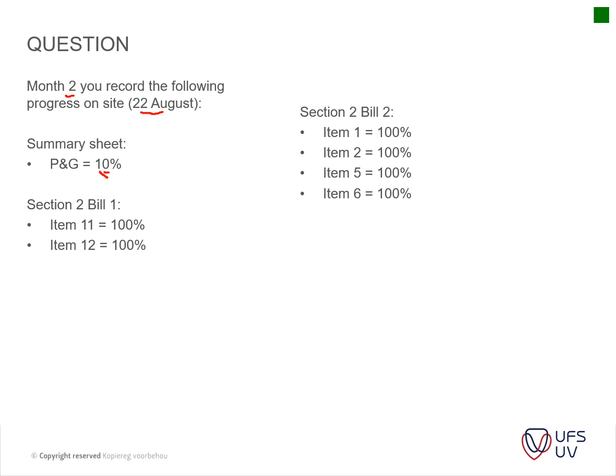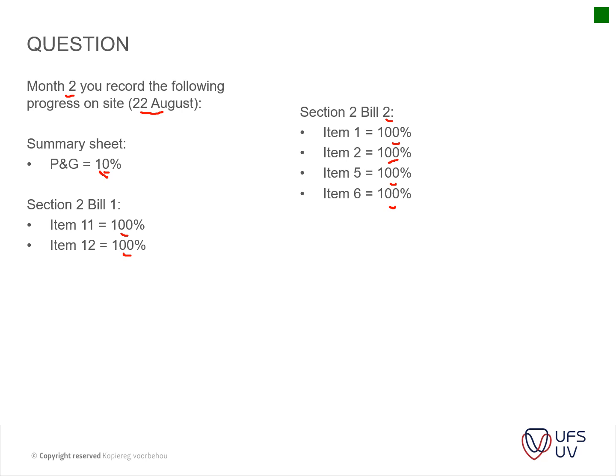So we measured 100% for item 11 and 100% for item 12. Then in bill 2 of section 2 we measured item number 1 100%, item 2 100%, and 5 and 6.